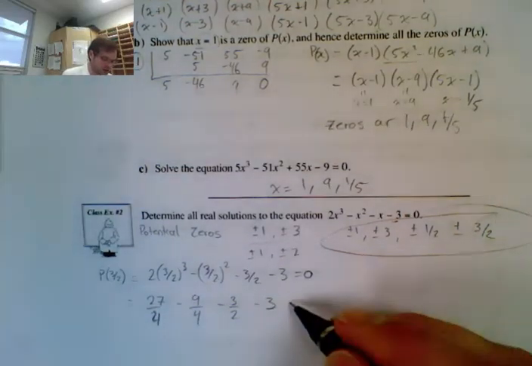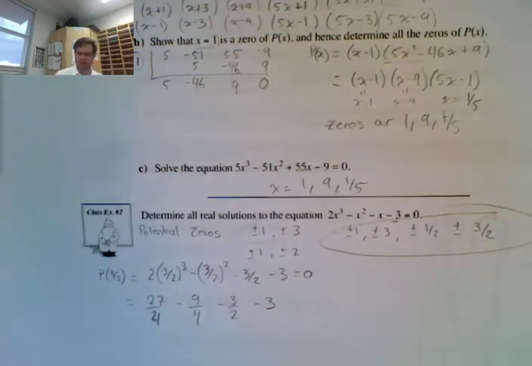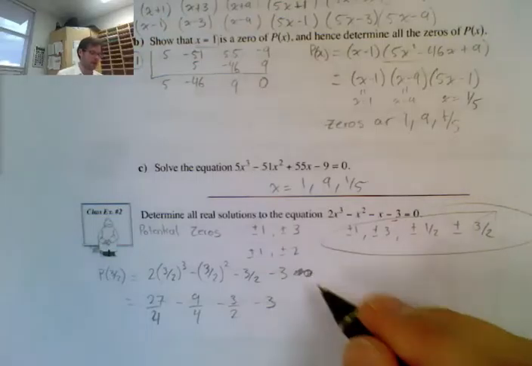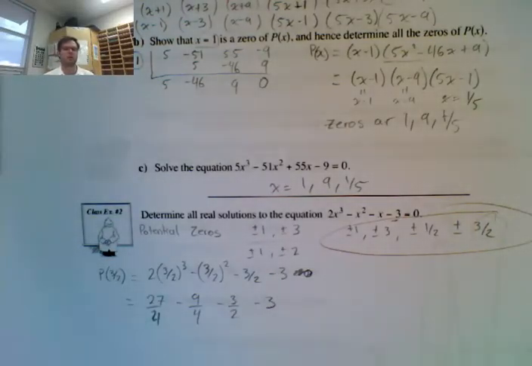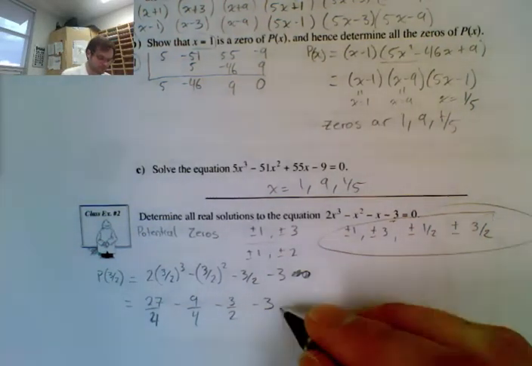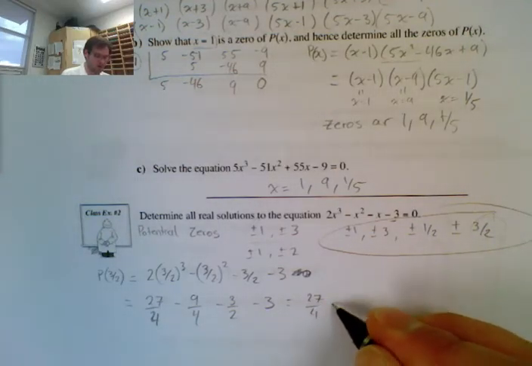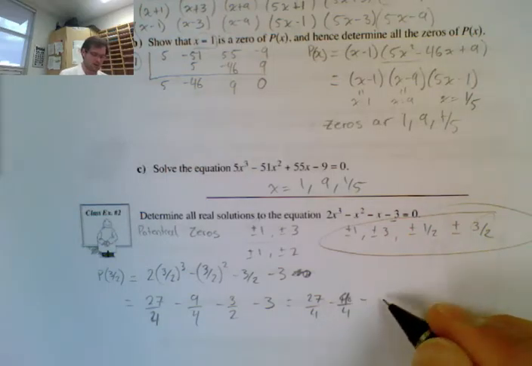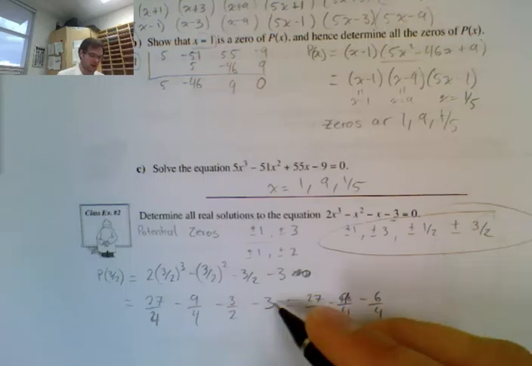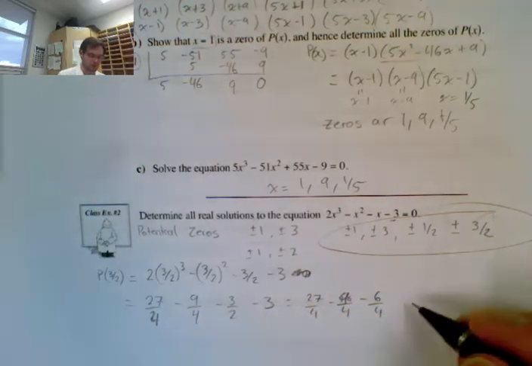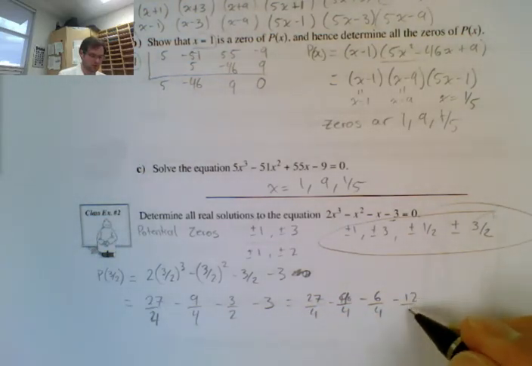So to solve these, we need all of these to have a common denominator. So that's going to give me 27 over 4 minus 9 over 4 minus 6 over 4, and this one here we have to go minus 12 over 4.